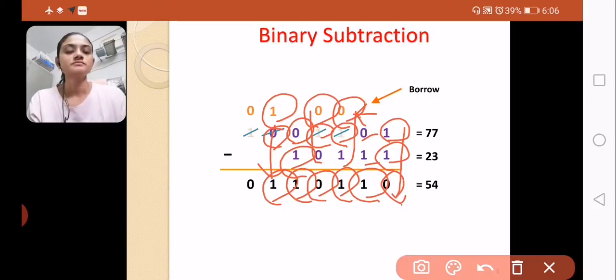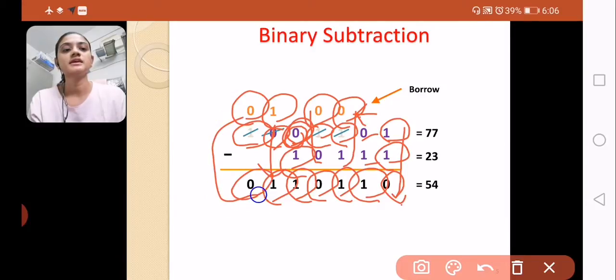Now here one borrow is also needed, because here we have taken one borrow that is not completed here. So again take one borrow, this one will become 0 and this 0 is taken here. Okay, so in this manner you can find the subtraction of any binary numbers easily. So you have to remember the binary subtraction rules for subtraction.